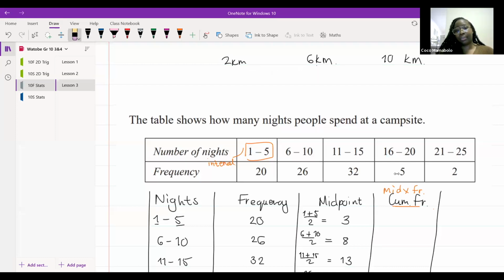Agreed? So rather than do that, I'm just going to go 2 plus 10 divided by 2. 2 plus 10 gives us 12 divided by 2, 6 kilometers. Do you see why we're adding and then dividing by 2?